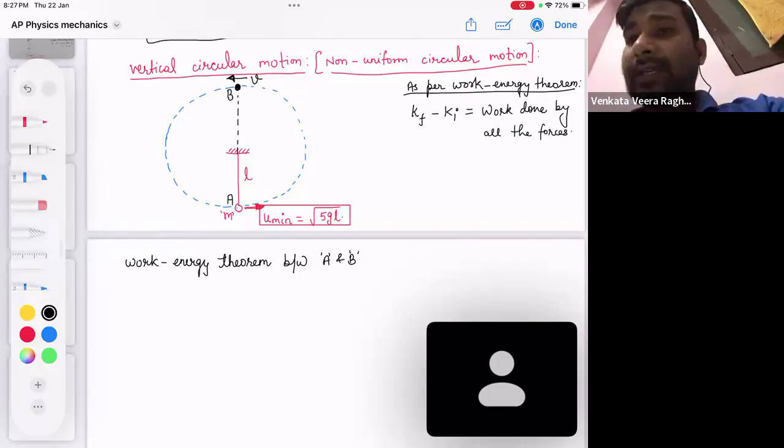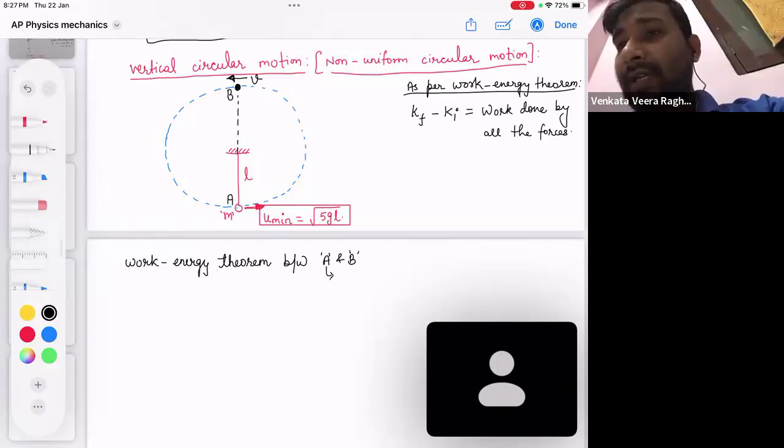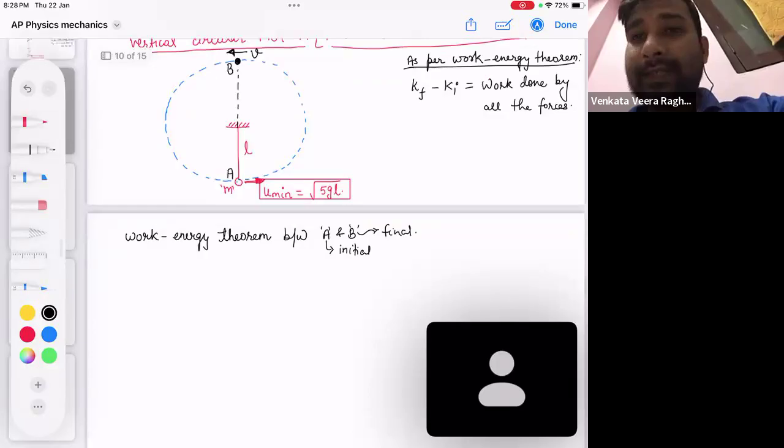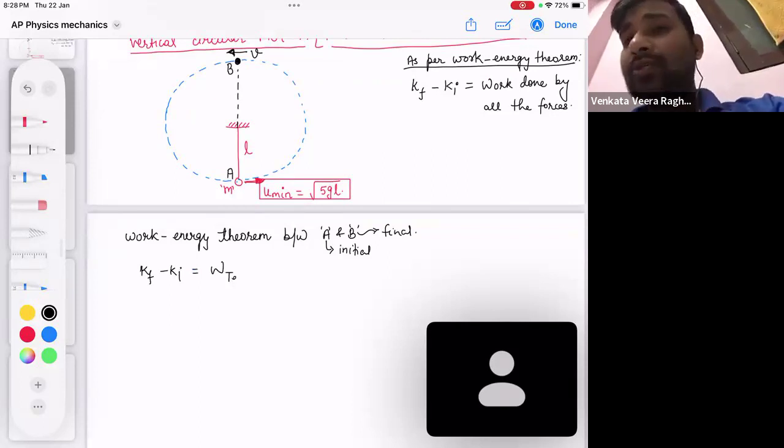Okay. So can you tell me what the initial point is? A is our initial point, and B is the final kinetic energy. Can I say K final minus K initial equals work done? How many forces are doing the work? Actually, there are only two forces acting on the body.